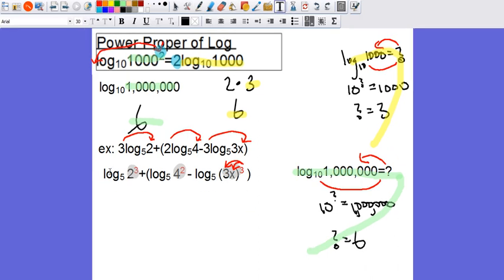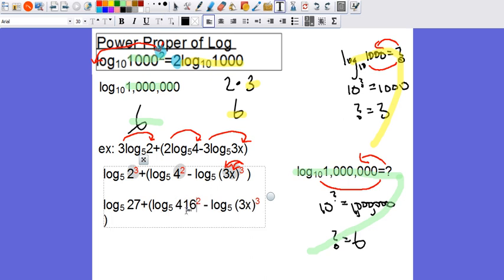So as of right now, I get a 27 here. I get a 16 here. And I get, as we just discussed, a 27x cubed.